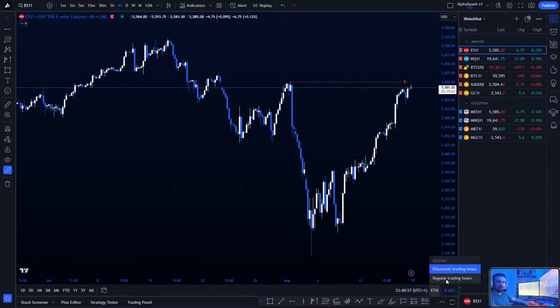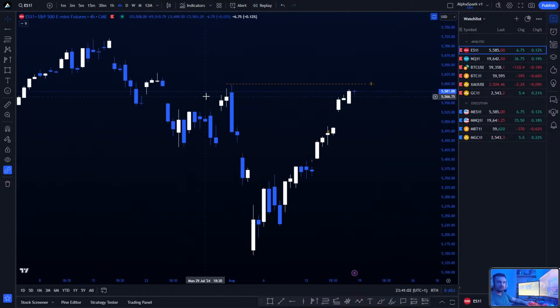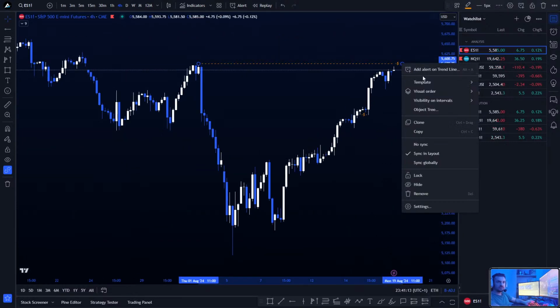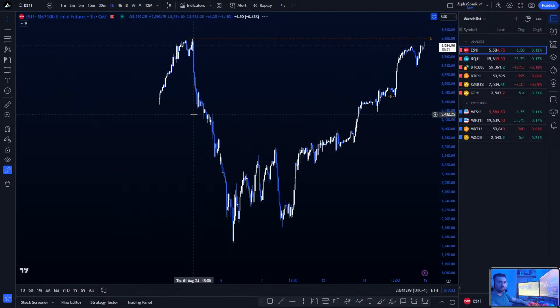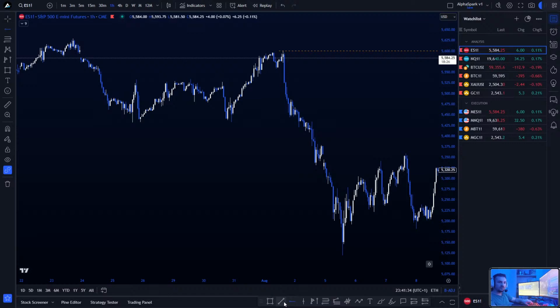Now ES, in my opinion, is kind of sketchy, because we didn't take out that high yet. I'm going to keep it marked there. We have a bunch of reasons to go down, but it would be nice to take out that high and only then go down. Let me see something that hasn't been tested here.